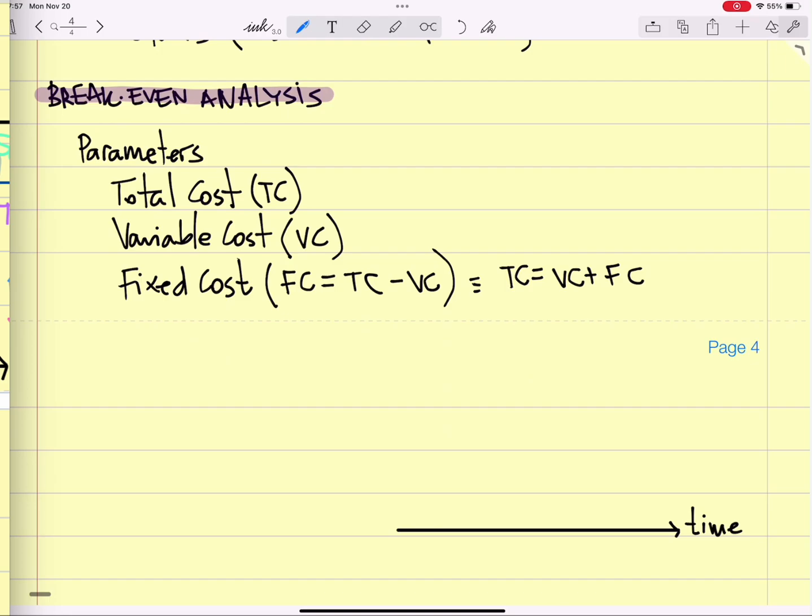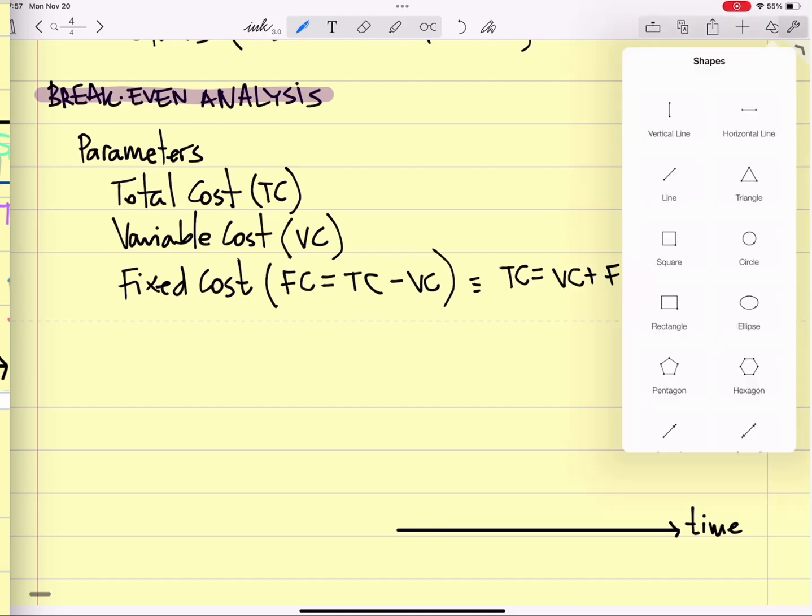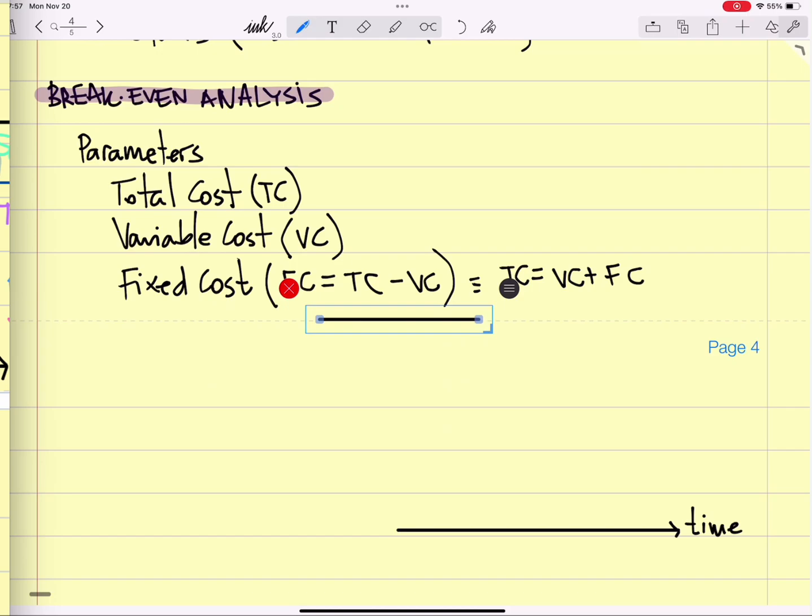So your fixed cost is fixed. So this is the euro.